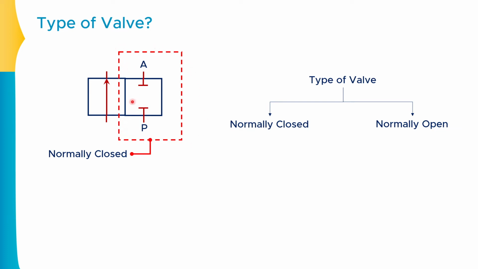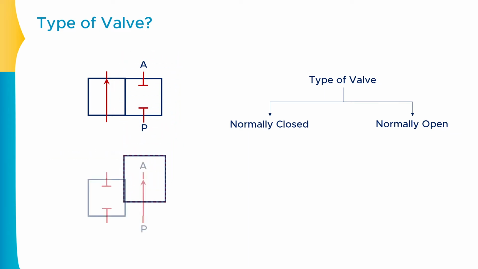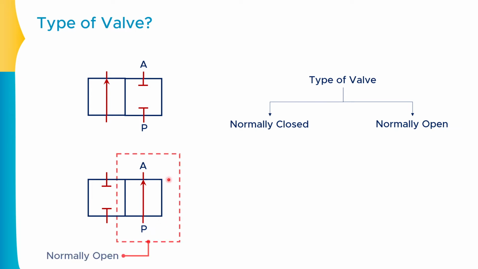But the example of the normally open valve can be observed over here. As you can observe at the right hand side, this symbol is available on this block. So this is the normal position of the valve, and it shows that the fluid is flowing from the inlet to the outlet. So the valve is open. That's why we can say that this is the normally open valve.